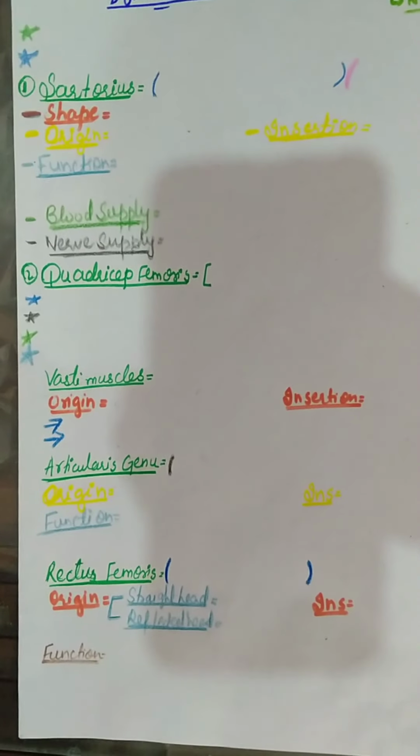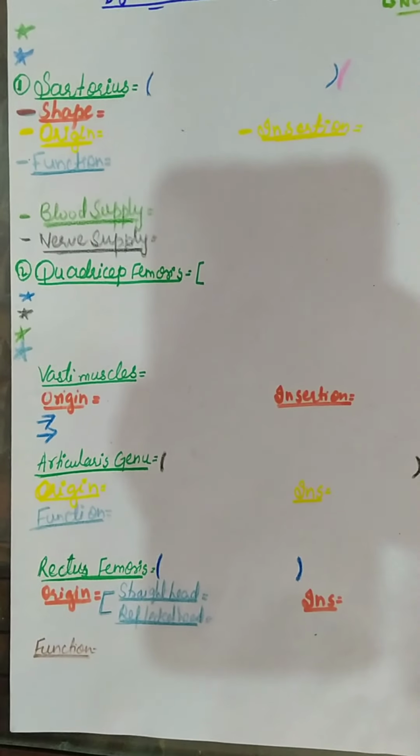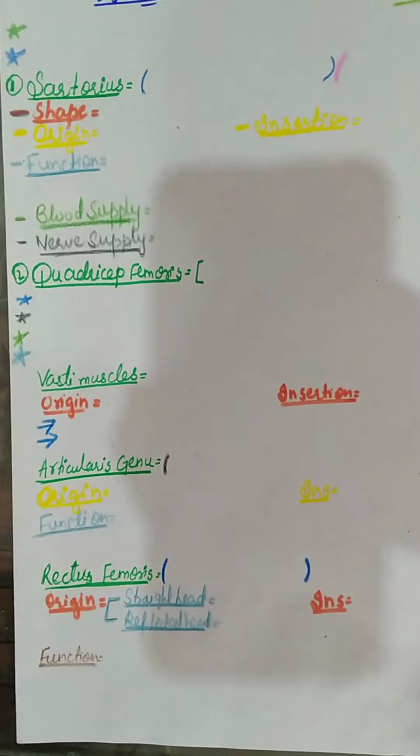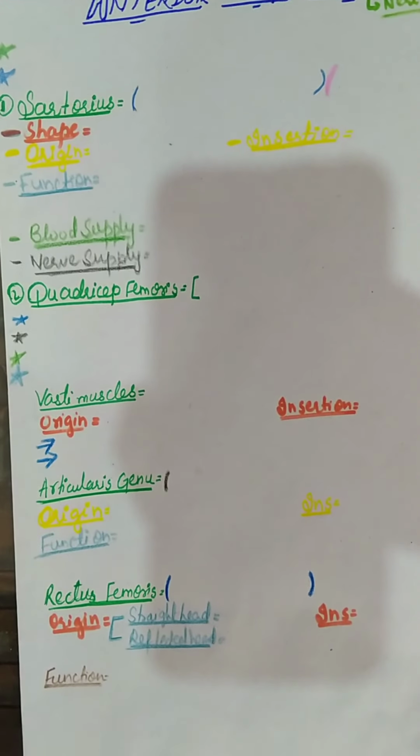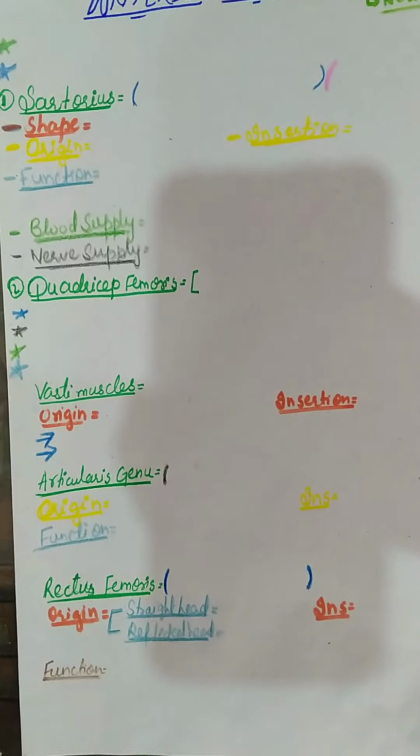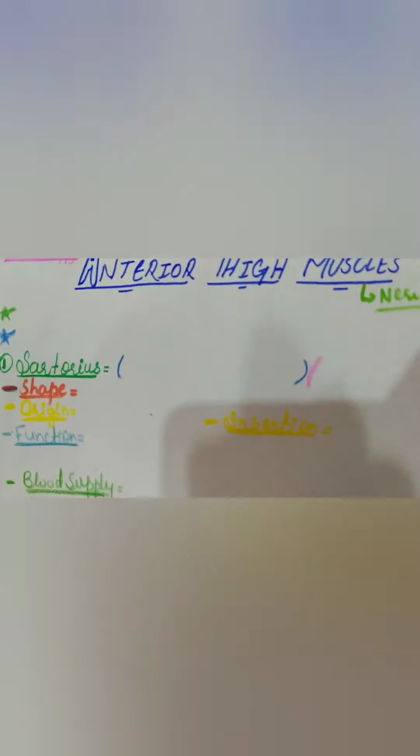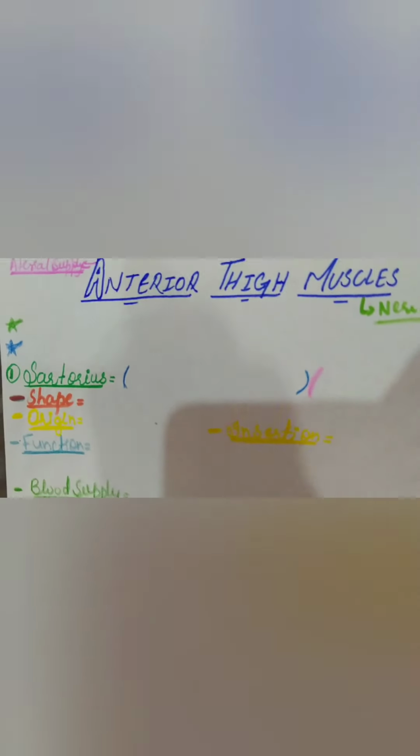Guys, so today we're going to learn the anterior thigh muscles: their origin, insertion, shape, function, blood supply, nerve supply, and all about those. The anterior thigh muscles are basically the flexors of the thigh and the extensors of the knee.